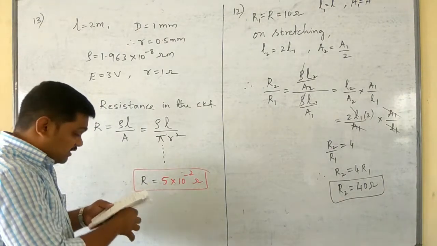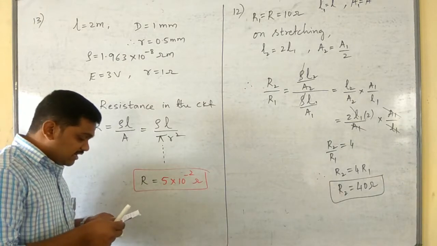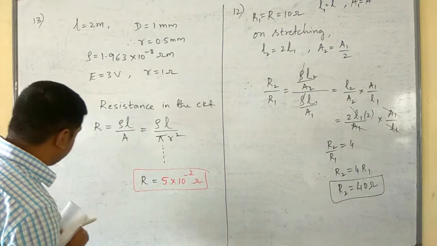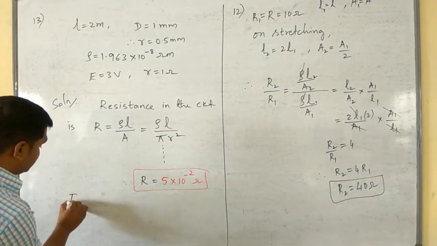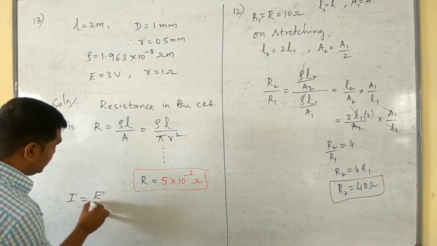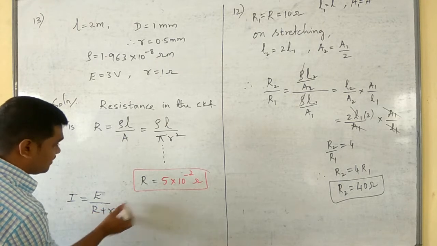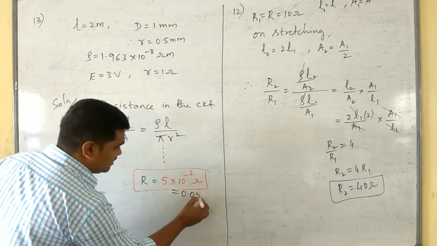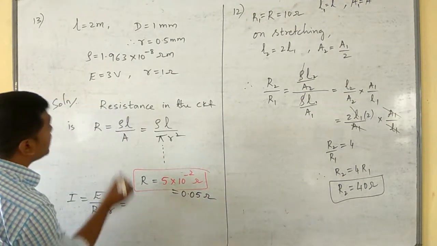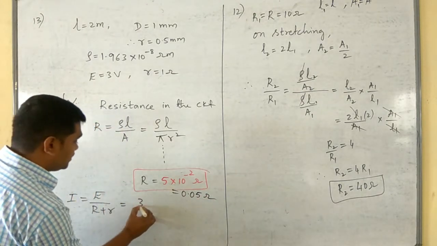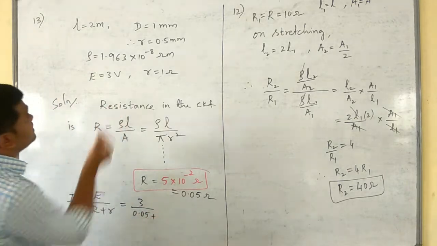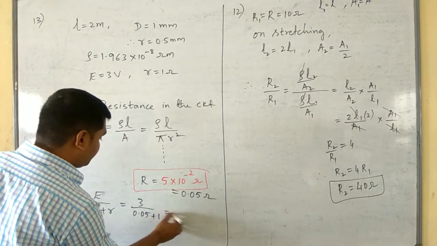Next up, what they are asking is calculate the resistance of the wire and the current in the circuit. So finding the current is very simple. I is equal to E divided by R plus r. So this 5 into 10 power minus 2 is nothing but 0.05 ohm. Here E is given 3, R is 0.05 plus small r is 1.